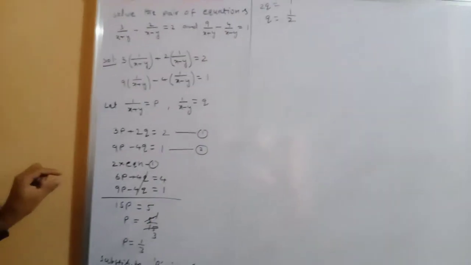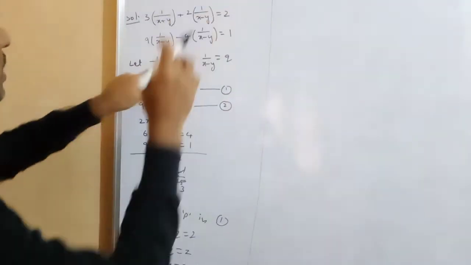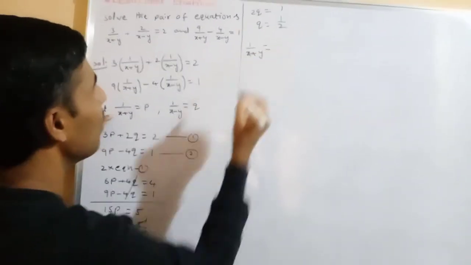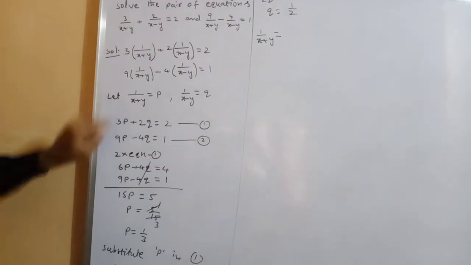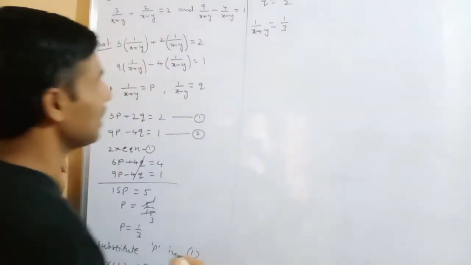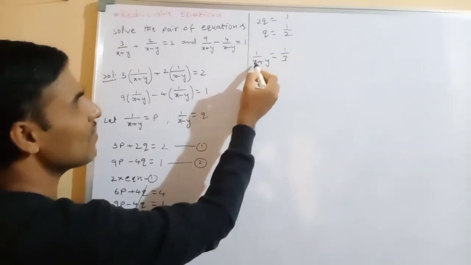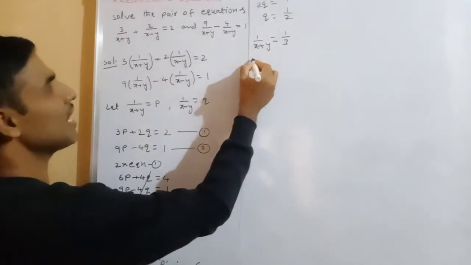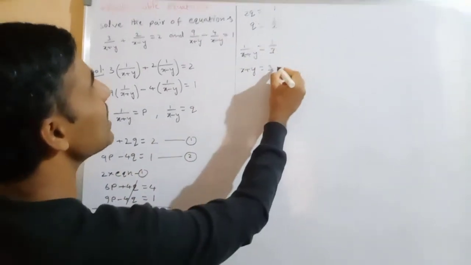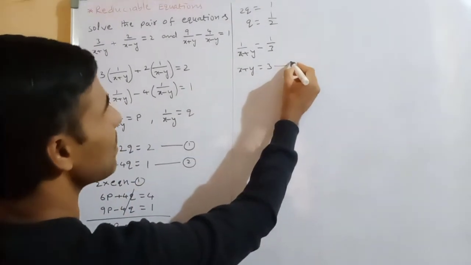Now substitute back. Replace p: 1 by x plus y equal to 1 by 3. Numerators are equal, denominators also equal, so x plus y equal to 3. Take this as equation number 3.